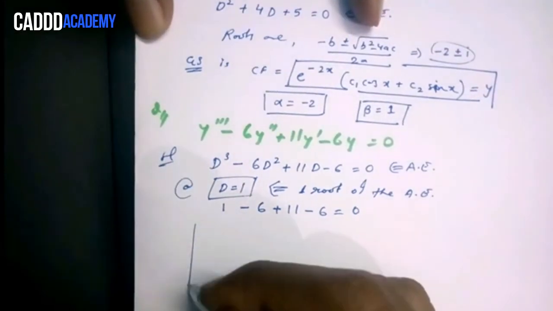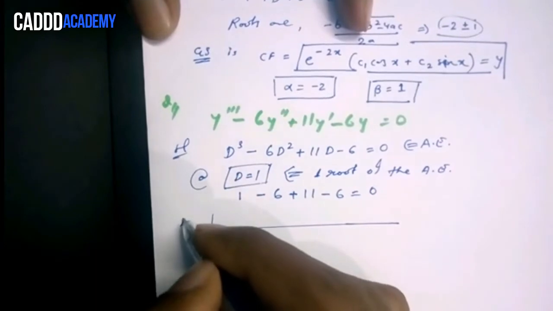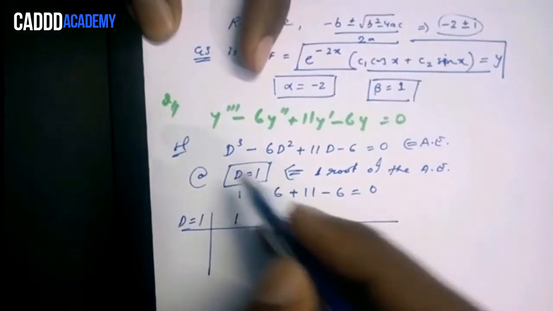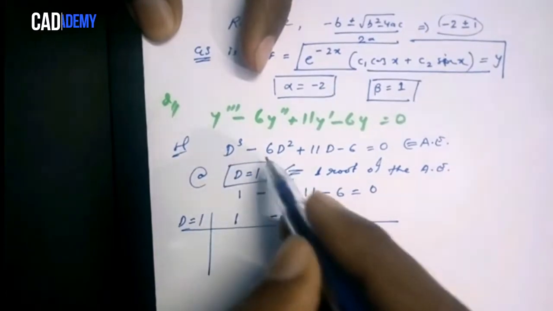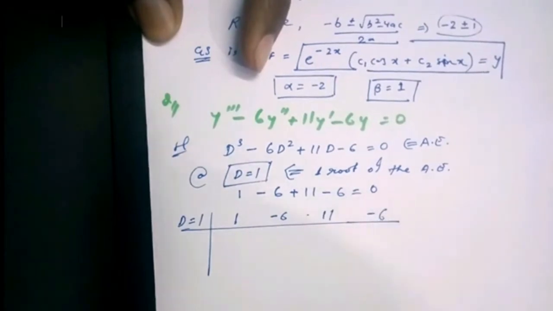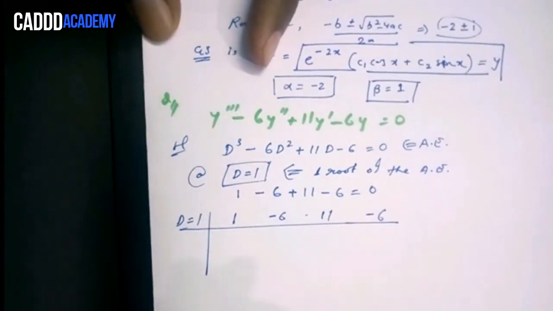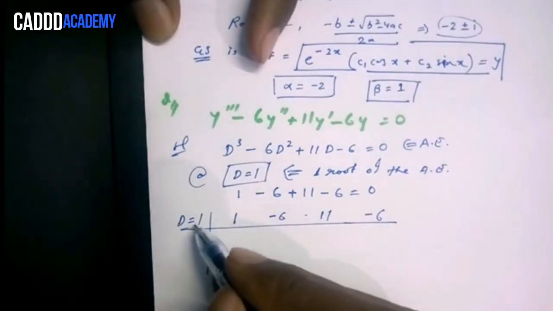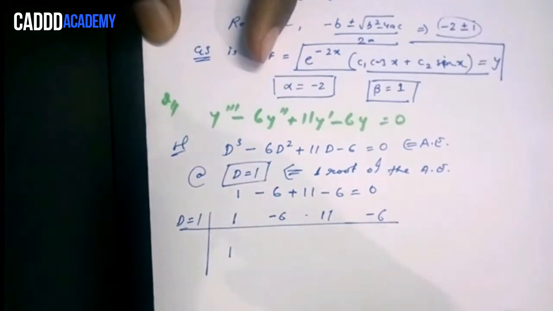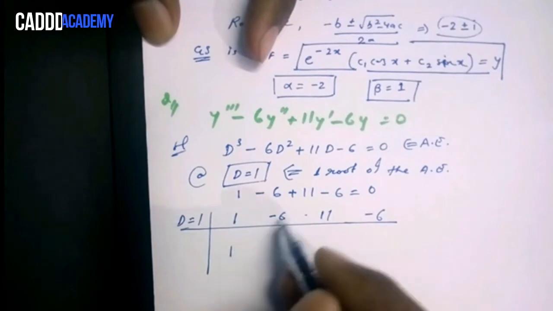So for the rest of the roots, what we will do is write here D is equal to 1, and here we will write 1, minus 6, 11, and minus 6 again. We will write the first one as it is here. Now we will add these both numbers.